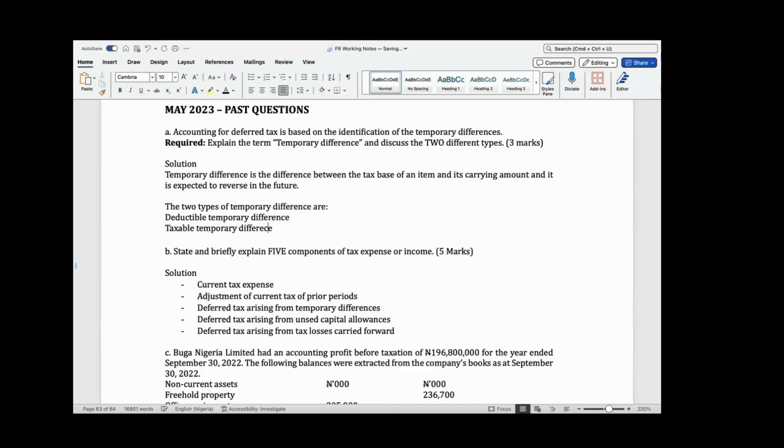So for deductible temporary difference, this results in getting more, or getting past deductions in the future.